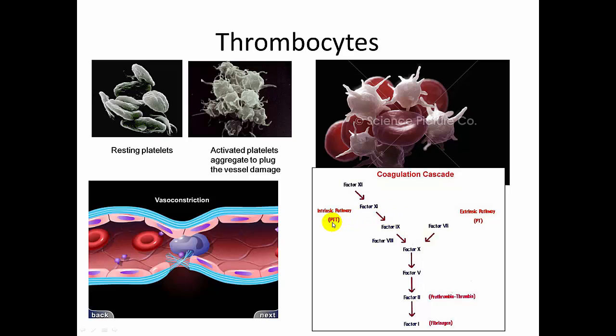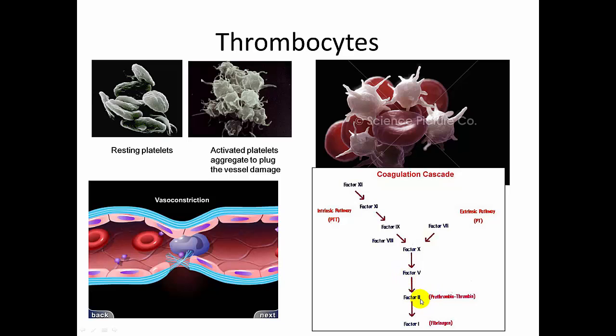The intrinsic is the partial thromboplastin time, and that's how we evaluate it. And the extrinsic is the prothrombin time, which is how we evaluate it. So those are lab tests.